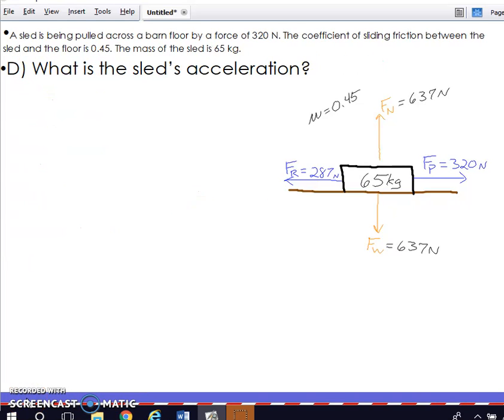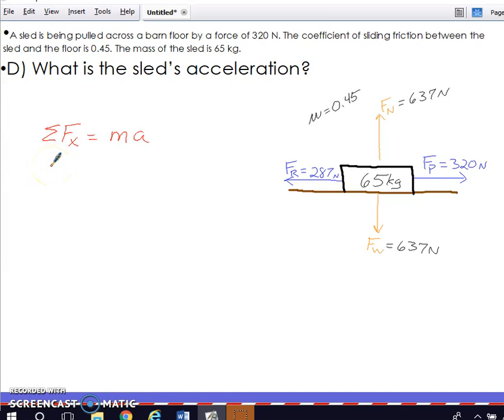All right, so now they're asking for the sled's acceleration, and I'm just going to continue what I was doing for part C. All right, so remember, it was like a second ago, and you should have it written down. But sum of all the forces in the horizontal is mass times acceleration, ma.